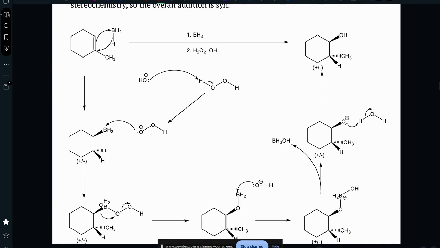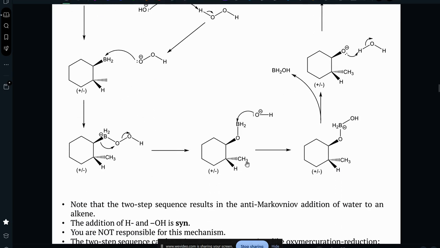You have your base deprotonating the hydrogen peroxide. When you deprotonate the hydrogen peroxide, now it's a good nucleophile. That's going to attack the empty p orbital on boron. And then you have this strange step that you would not have predicted. This strange step is that the carbon-boron bond actually slides over and becomes a carbon-oxygen bond.